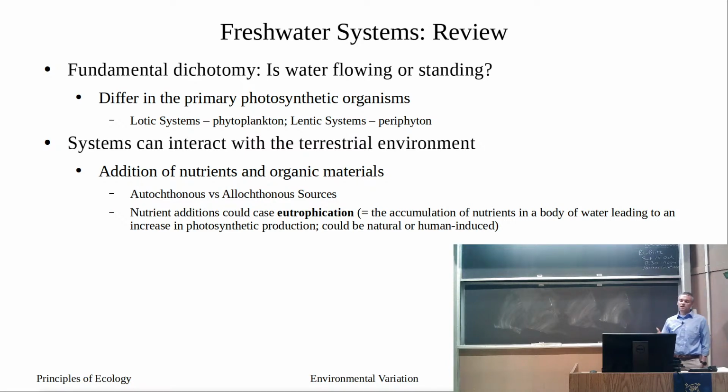So those are allochthonous sources. Just so happens that as you move down that continuum of the river and increase your stream order, you're starting to collect more and more of that terrestrial runoff, the organic particles and so forth in those rivers and streams. All right, and then we talked about stratification and so forth. Any questions on freshwater system?